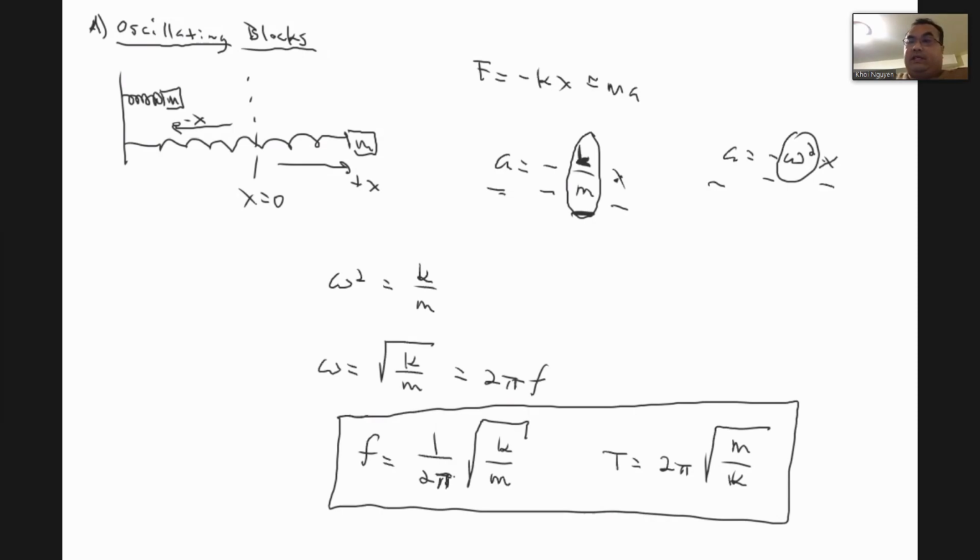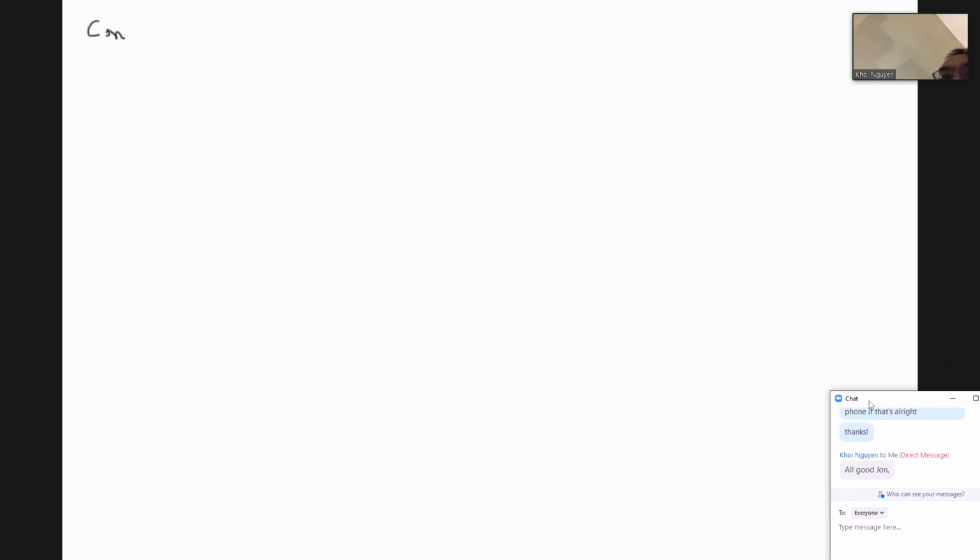Now, let's take a look at equilibrium associated with springs. And this is associated with the energy associated with springs as well. So we're looking at conservation of energy with springs. Last time we didn't get a chance to do any of those work energy type problems. Well, since you're going to be dealing with springs, a lot of these things come back into play.